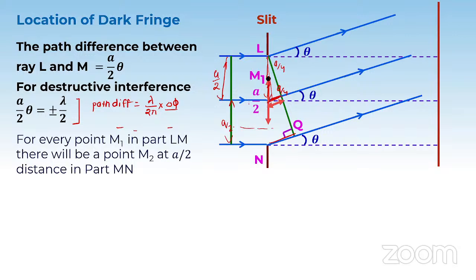This you can also divide into two distances, A by 2 to A by 2. So the distance from M1 to this point is A/4 plus A/4, which is nothing but A/2. So for every point M1 in part LM, L to M, this to this, there will be a point M2 at A/2 distance in part MN.